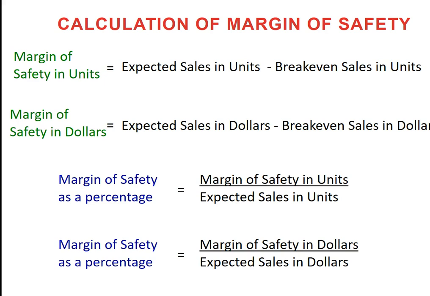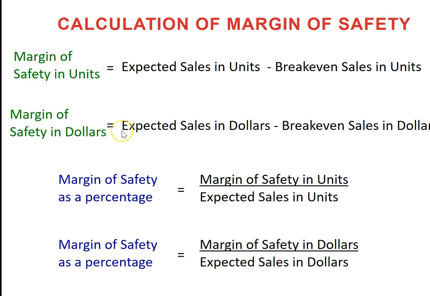So this margin of safety you could calculate in terms of units, or you could calculate in terms of dollars. To calculate margin of safety in units, you need to know your expected sales in units, and you subtract your break-even sales in units. That means you could figure out how many extra units you need to sell on top of your break-even to maintain a certain level of safety.